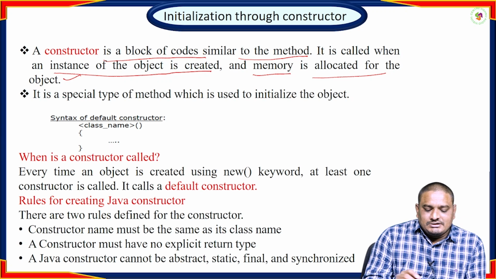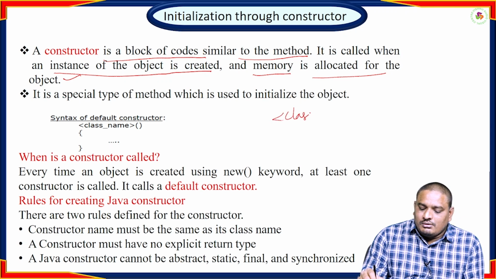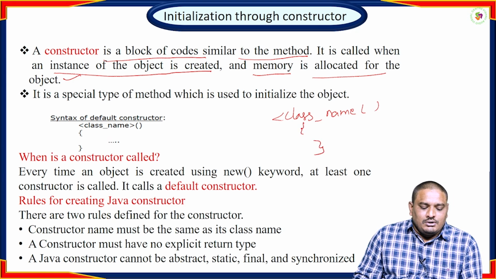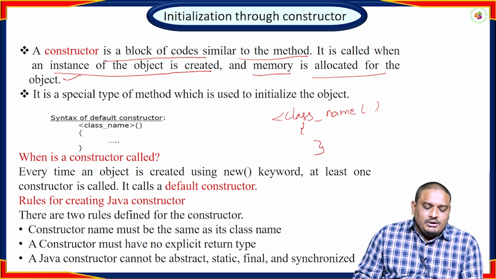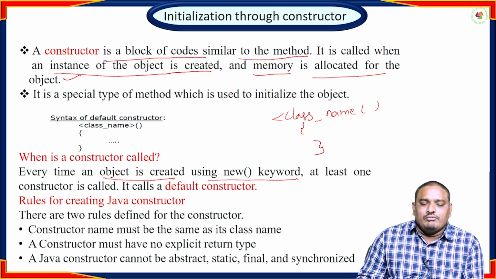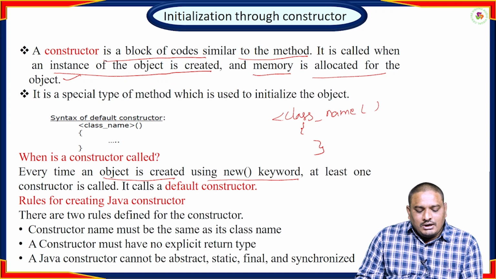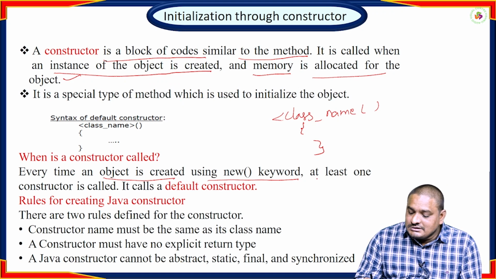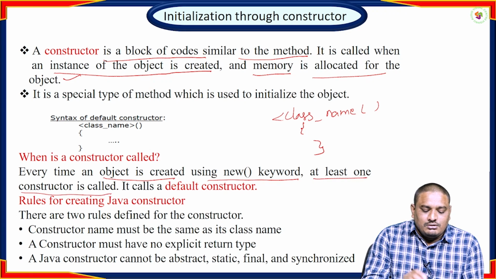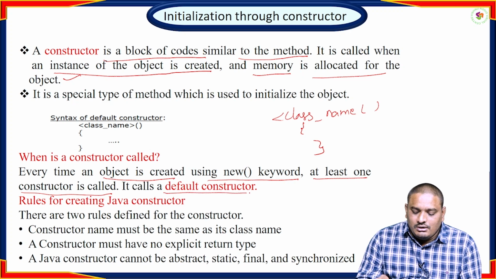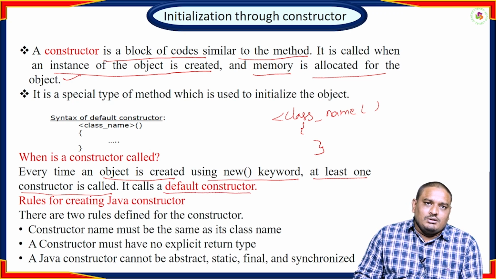Here a simple syntax: class name and some variables. Every time an object is created using the new keyword, at least one constructor is called. That is called the default constructor.